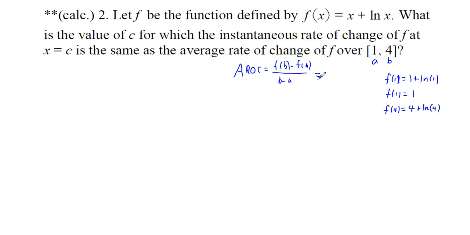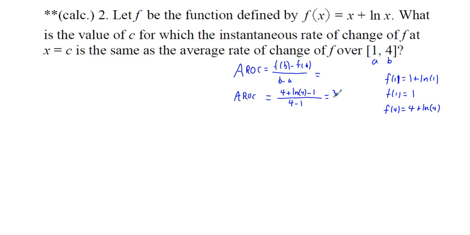So I'm just going to work below here just to give more room. So AROC is equal to f of b. So we have 4 plus natural logarithm of 4 minus f of a over b minus a. So we're going to get 4 minus 1 is 3.